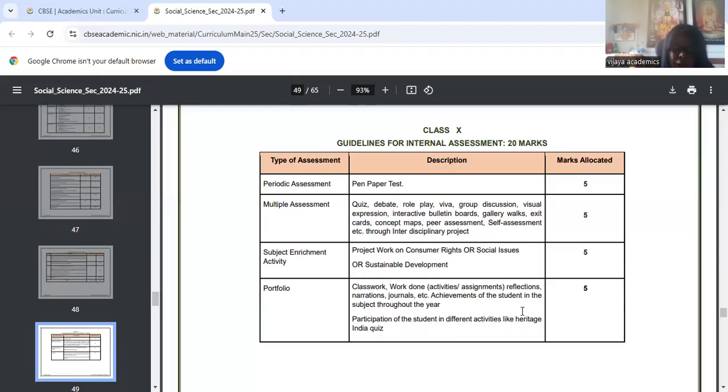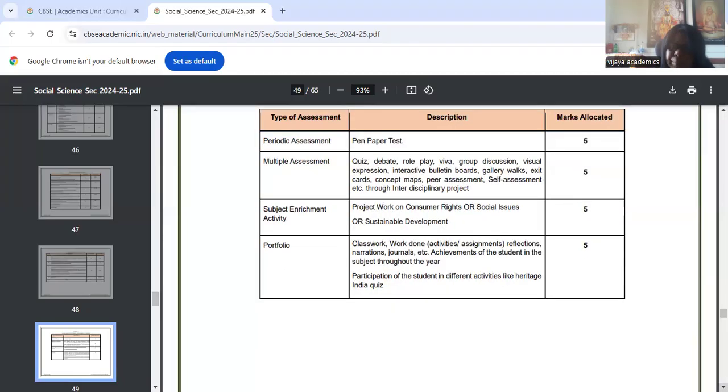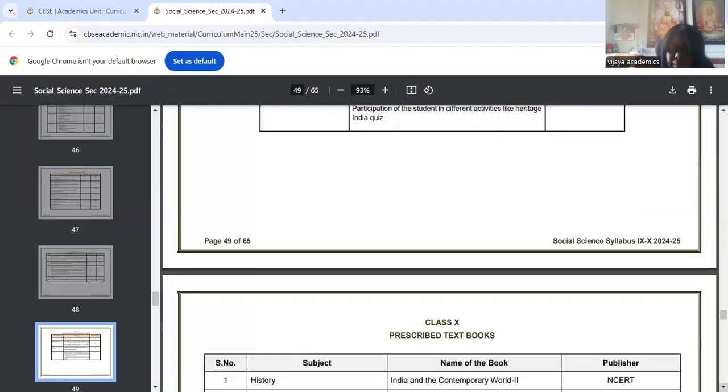Then, as per the guidelines given in this PDF, lesson-wise activities are given. That also you can give to the student as a part of the portfolio. So, these are all the guidelines related to the internal assessment for grade 10th.